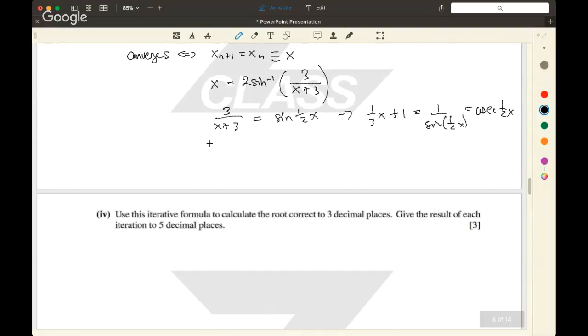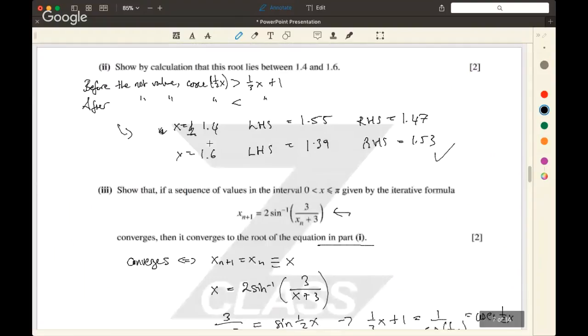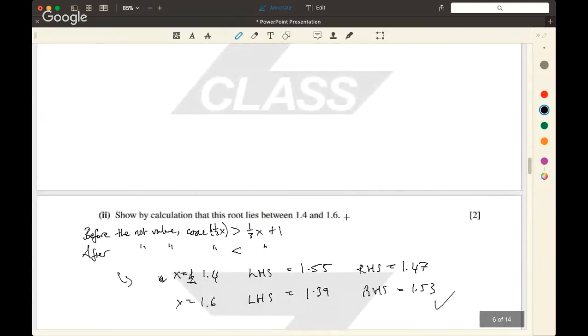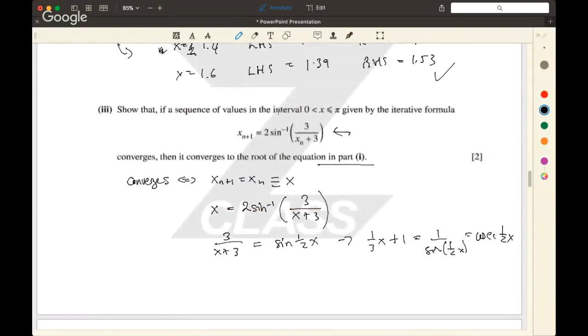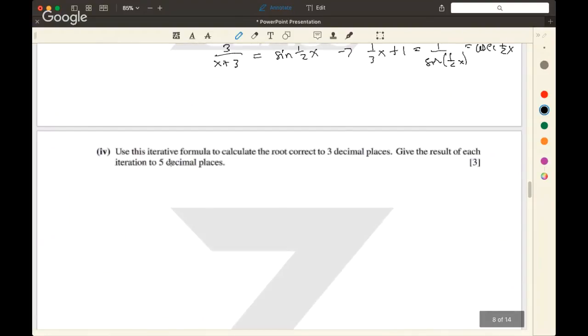You know that the root is between 1.4 and 1.6. So you're going to want to take maybe 1.5, use it as your xn, plug it in, and write that down. You say x0 is equal to this. Then you plug in and you get your x1. x1 equals this, and you plug the x1 into the formula and get x2.